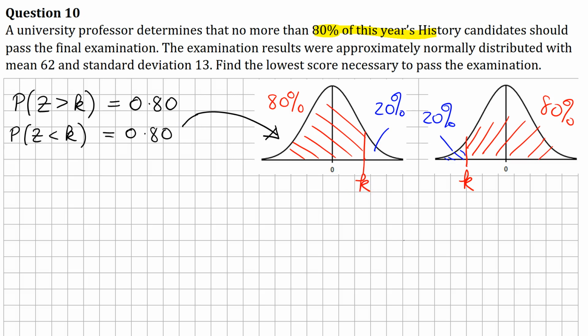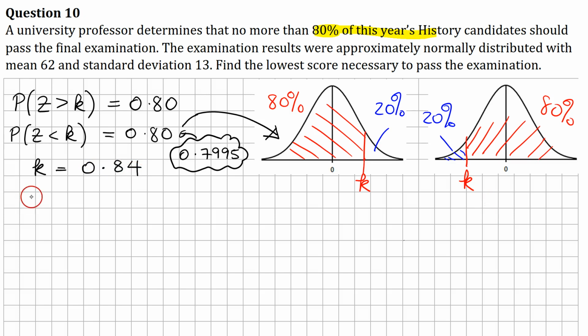So we go to our tables book and look up K. The closest value I actually see in the tables book is 0.7995, and that corresponds to a Z score of 0.84. Remember, that's our K that we need.